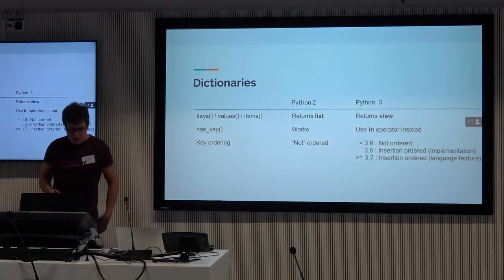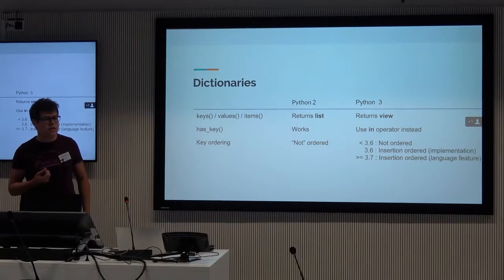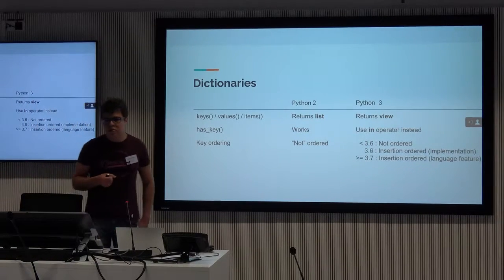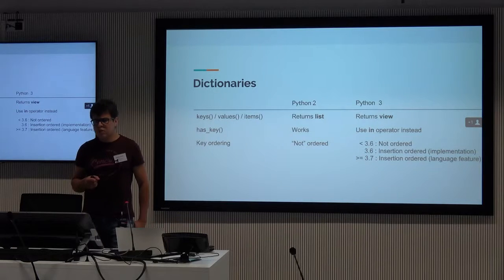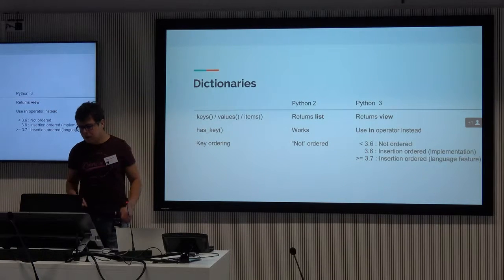First, dictionaries. Like the functions that you usually use to operate on dictionaries, like keys, to know what the keys are in a given dictionary, or values or items. In Python 2, these used to return lists. So if you call keys on a dictionary in Python 2, you get a list of all the keys.